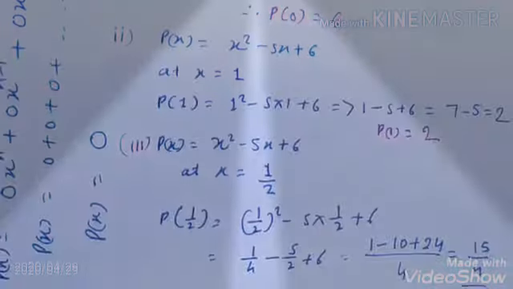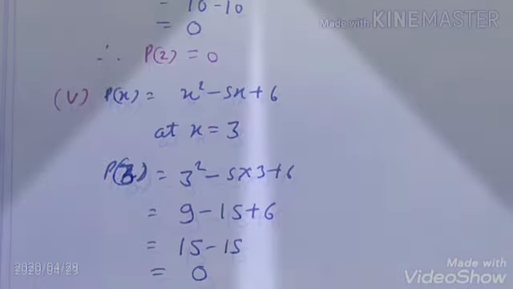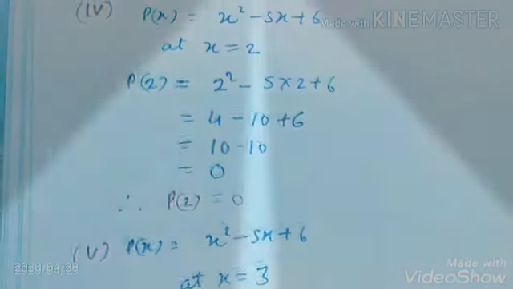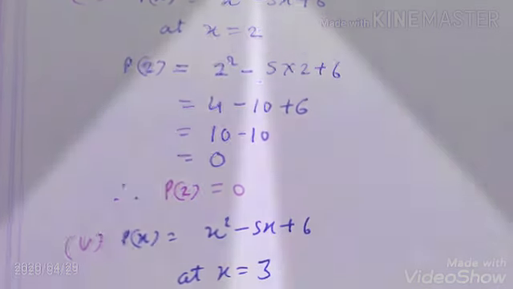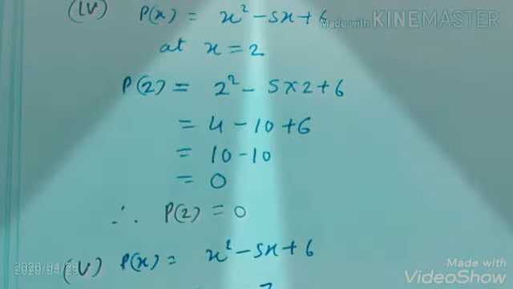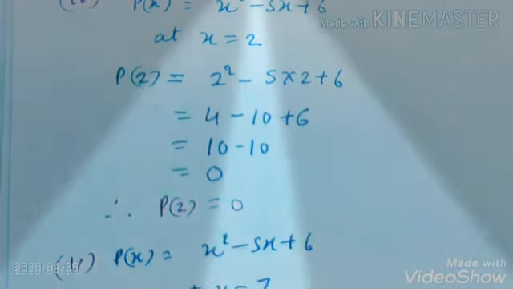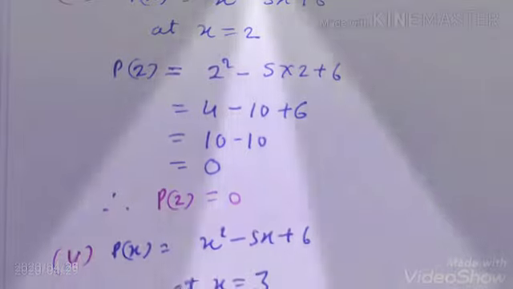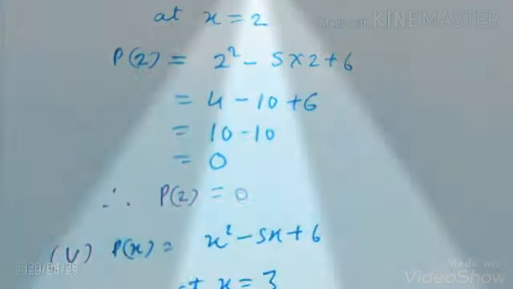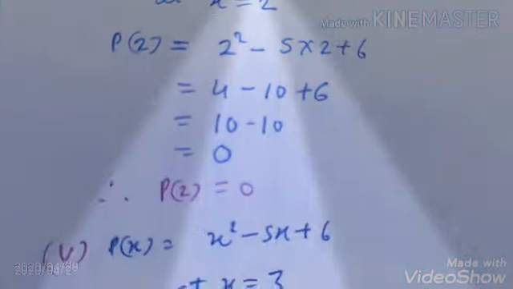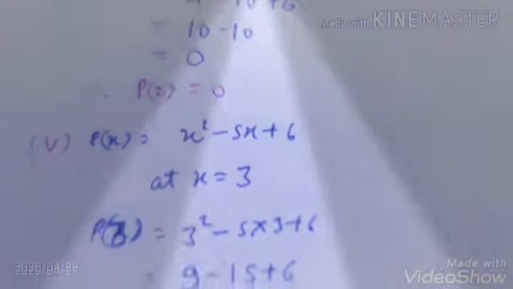But in fourth and fifth part, these values are exactly 0. So when the value of a polynomial becomes 0 at x equals a, where a is a real number, then that real number taken in place of the variable is called a zero of the polynomial.